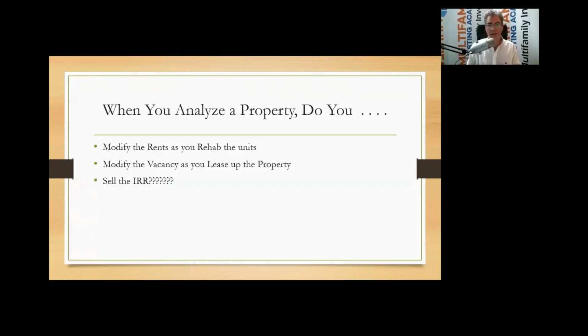In that particular case, we're better off taking the money that the property generates, plowing it back into the property, and then increasing the NOI that way. And when we do that, those cash-on-cash returns are going to be very, very low. Oh, well, then nobody will want to invest in my property.